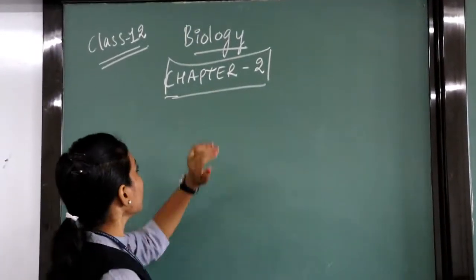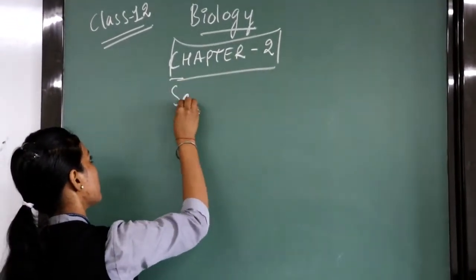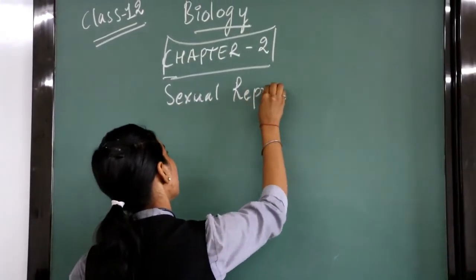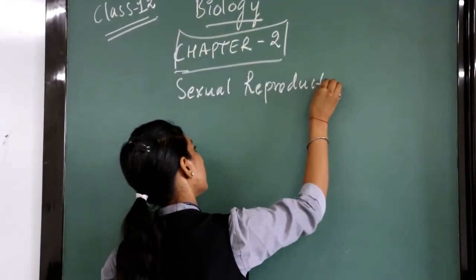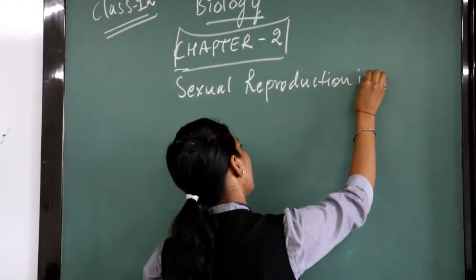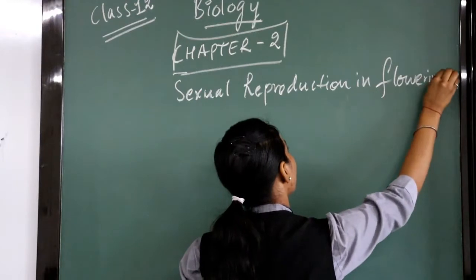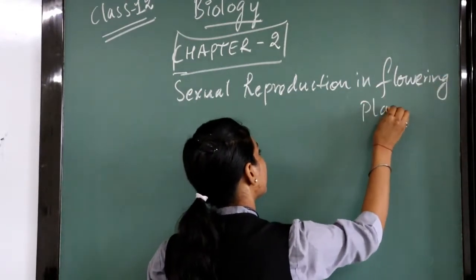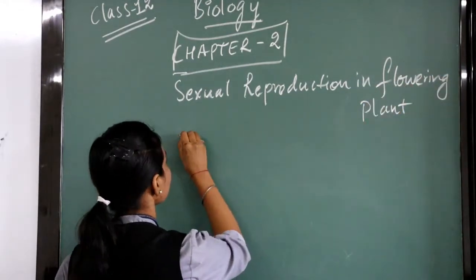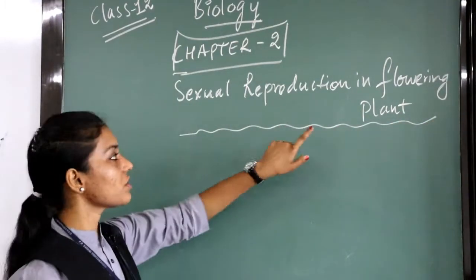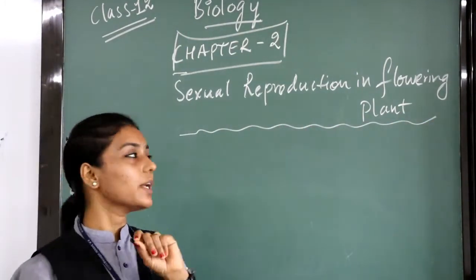Now the chapter number 2 is sexual reproduction in flowering plant. This is your chapter number 2, sexual reproduction in flowering plant.